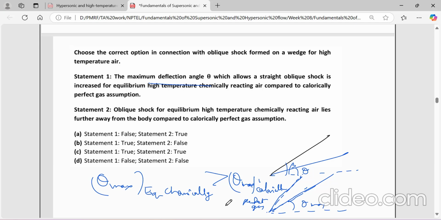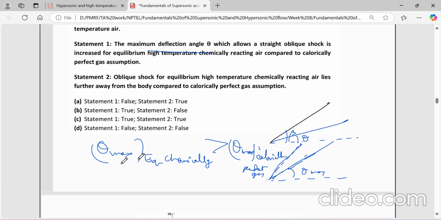Statement 2. Oblique shock for equilibrium high temperature chemical reacting air lies further away from the body compared to calorically perfect gas assumption. So let's say this is the figure only. This oblique shock for equilibrium high temperature chemical reacting gas lies further away from the body compared to calorically perfect gas assumption.